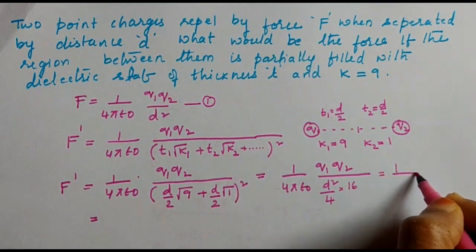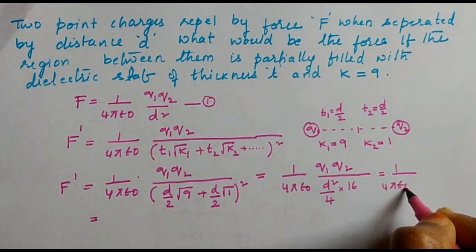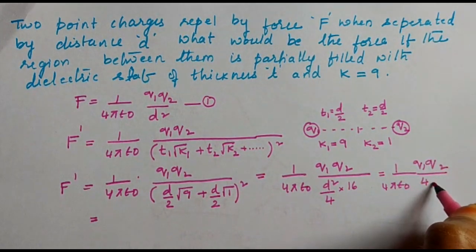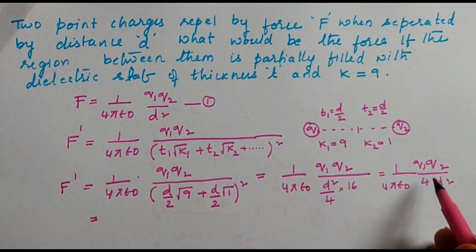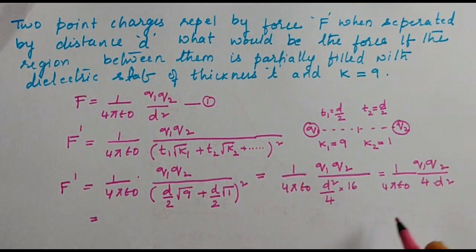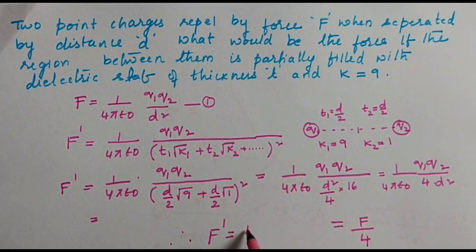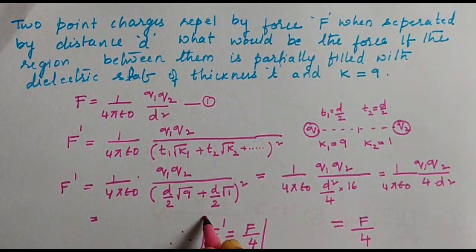It's nothing but 1 by 4 pi epsilon naught q1 q2 divided by 4 into d square. So that means the force has decreased by 4 times, which can be written as F divided by 4. Therefore the new force F dash would be 1/4 of the force between them in free space.